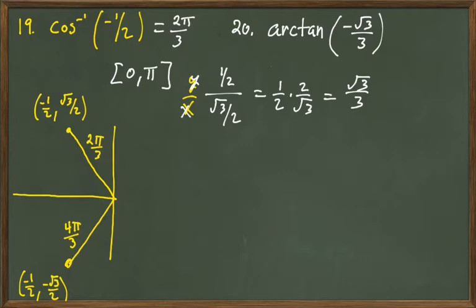So we're looking for the y to be 1/2 and the x to be root 3 over 2, or both of them to be negative, so that we have the tangent being root 3 over 3. Oh, it was negative, sorry. So scratch what I said. One of these needs to be negative, not both of them.